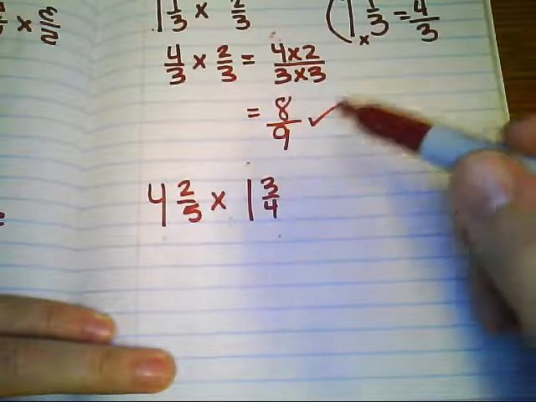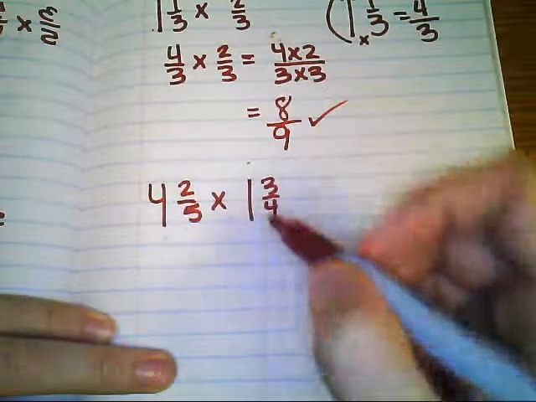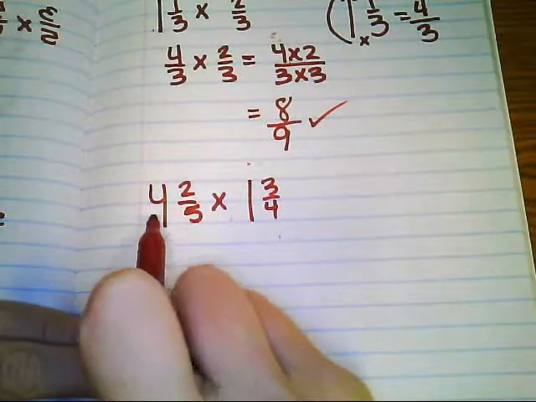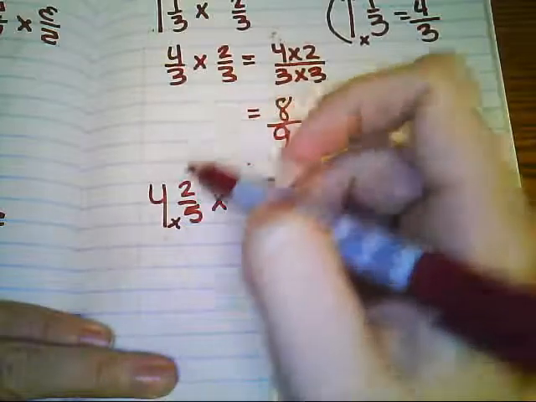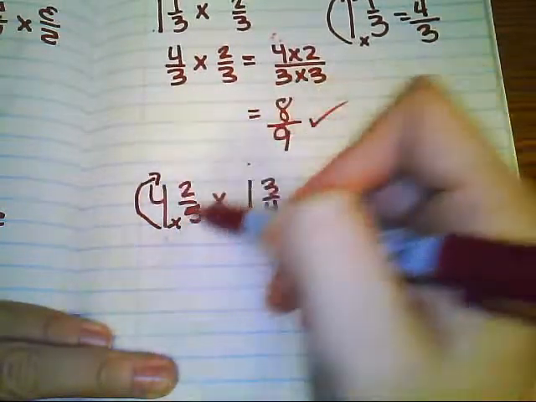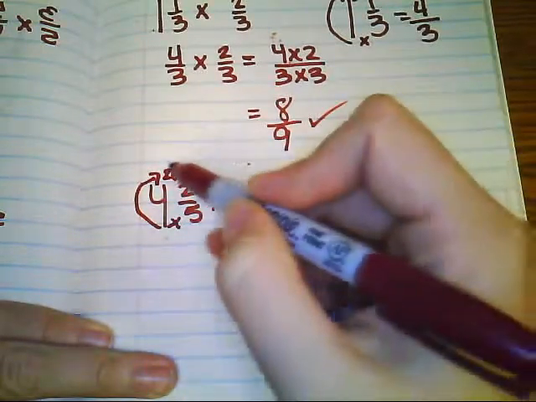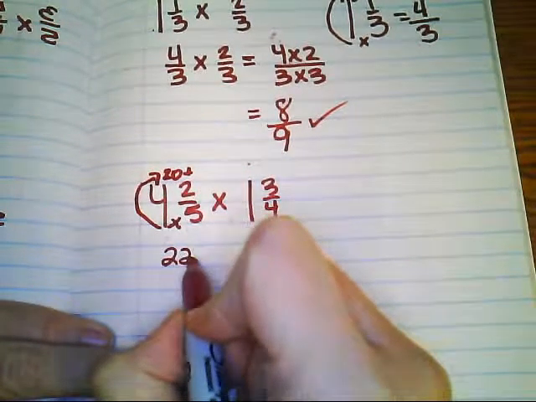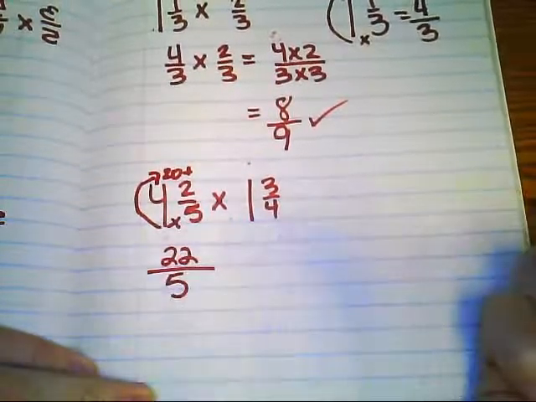So again, I'm going to draw in my little symbols to help me remember how to make my mixed number into an improper fraction. So I know that I multiply my whole number times my denominator, so there's my multiplication sign. I bring it up to the top, 4 times 5 is 20, and I add my numerator. So 20 plus 2 is 22. Keep that denominator, it doesn't change at all.